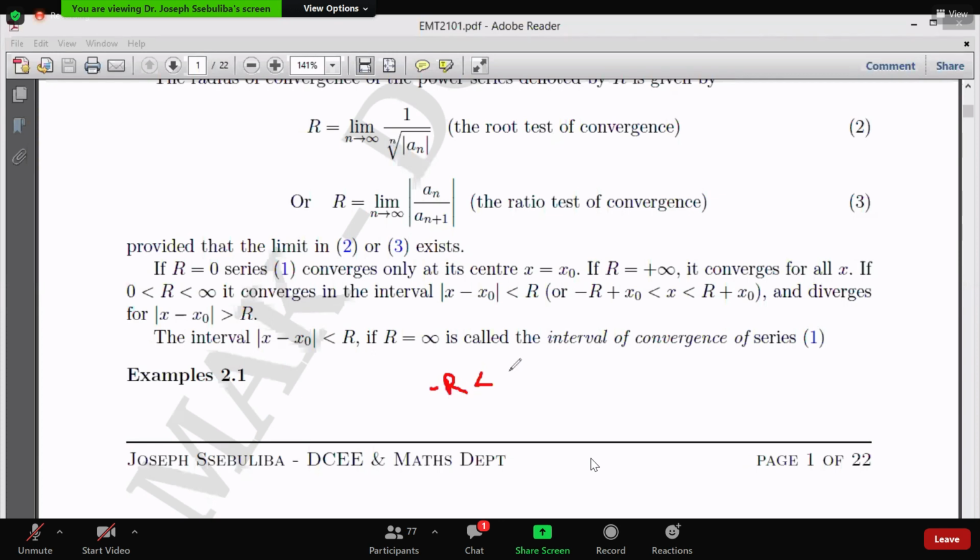This is less than the x minus x naught, and then this is less than the positive R. So since you want to take away, this is what you want to remain with: the x in the middle. It means you have to add.